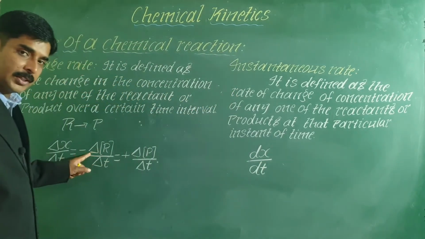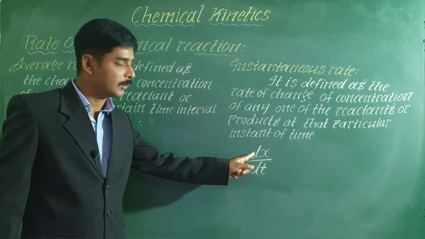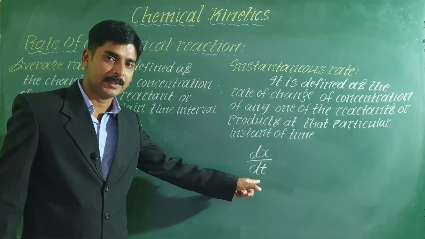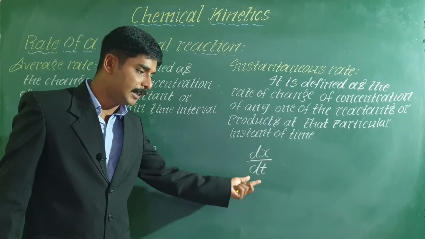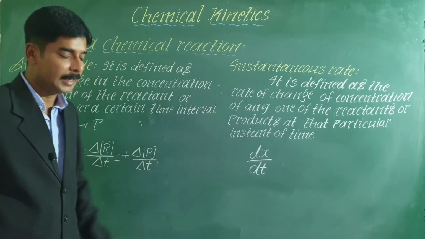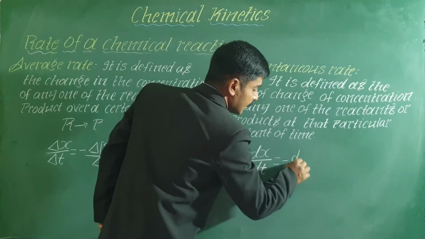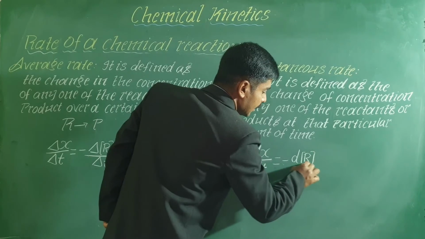Delta for larger change, for a very small change we use the symbol d. So this is the instantaneous rate of a reaction. Whenever we write dx by dt, you must understand that we are talking about instantaneous rate. So with respect to reactant, we write it as minus dR by dt.